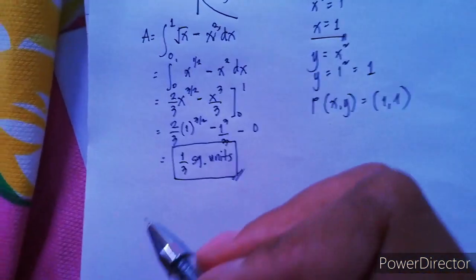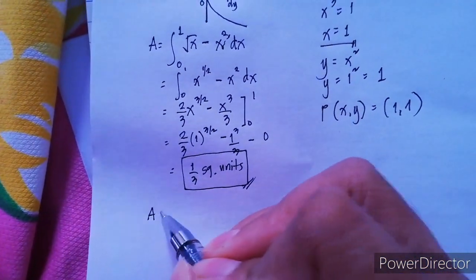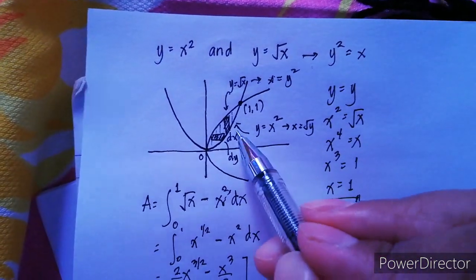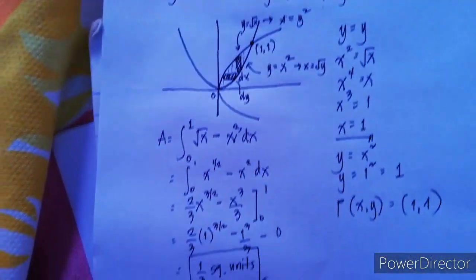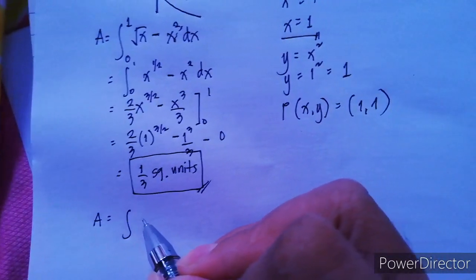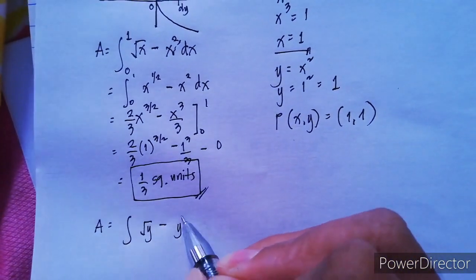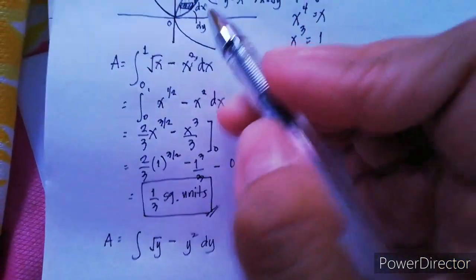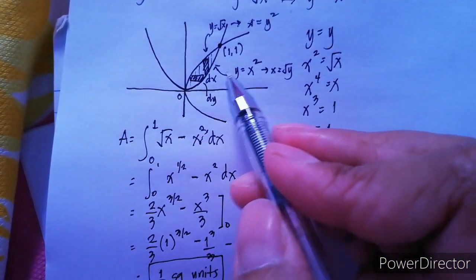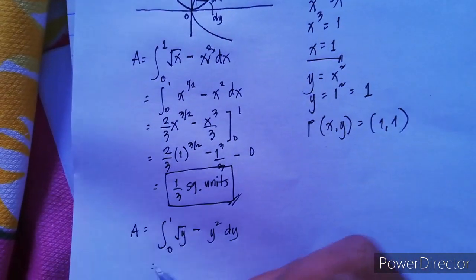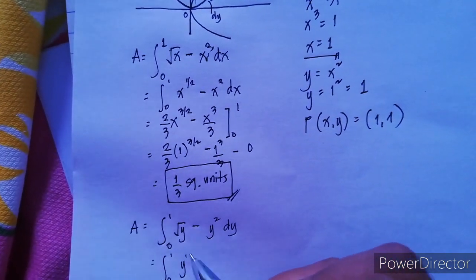So from the second formula earlier, we have the right function, square root of y, minus the left function, which is y squared. So that is dy. As you can see, the limits is also from 0 to 1, since the point of intersection is (1, 1).